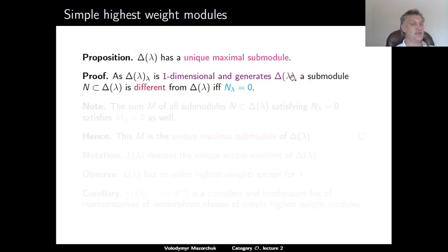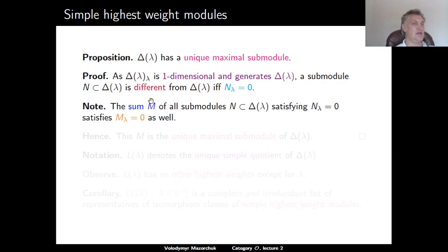Therefore, any proper submodule N of delta lambda cannot have anything in weight lambda, because anything non-zero generates the whole module. So any proper submodule should miss the weight lambda. But then if you take the sum of all proper submodules, the property that the sum misses the weight lambda is still preserved. So this sum is the unique maximal submodule of delta lambda.